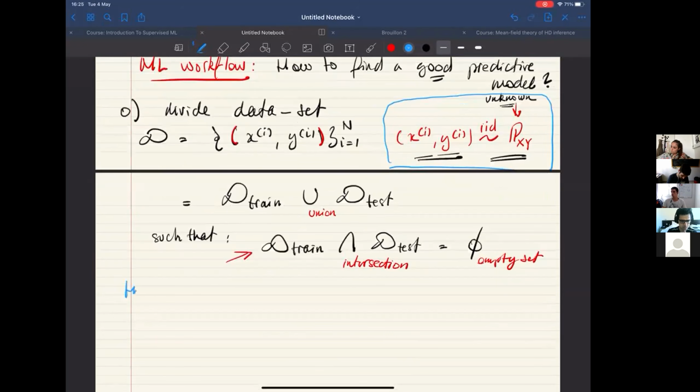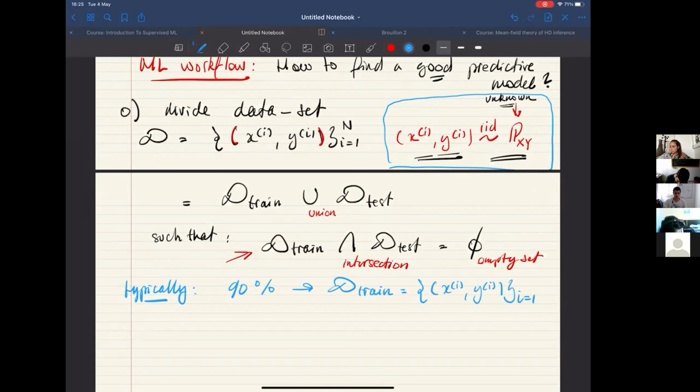And typically, you take, for example, 90% of your data for the training data, with n train, the number of training points, being around 0.9 times n, where n is the total number of data points, while the remaining 10% go in the test data.